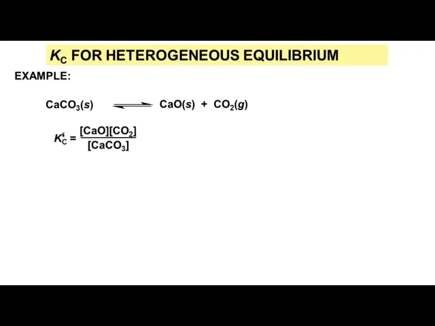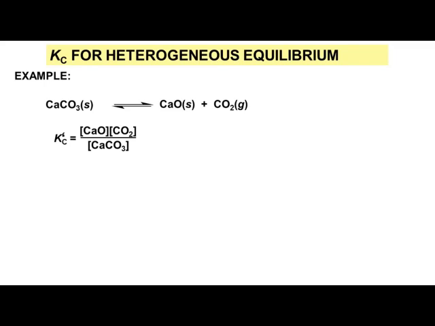For heterogeneous equilibrium, for example, solid calcium carbonate dissociates to form solid calcium oxide and carbon dioxide gas. The equilibrium constant expression Kc is expected to be Kc equals the concentration of calcium oxide multiplied with the concentration of carbon dioxide over the concentration of calcium carbonate.